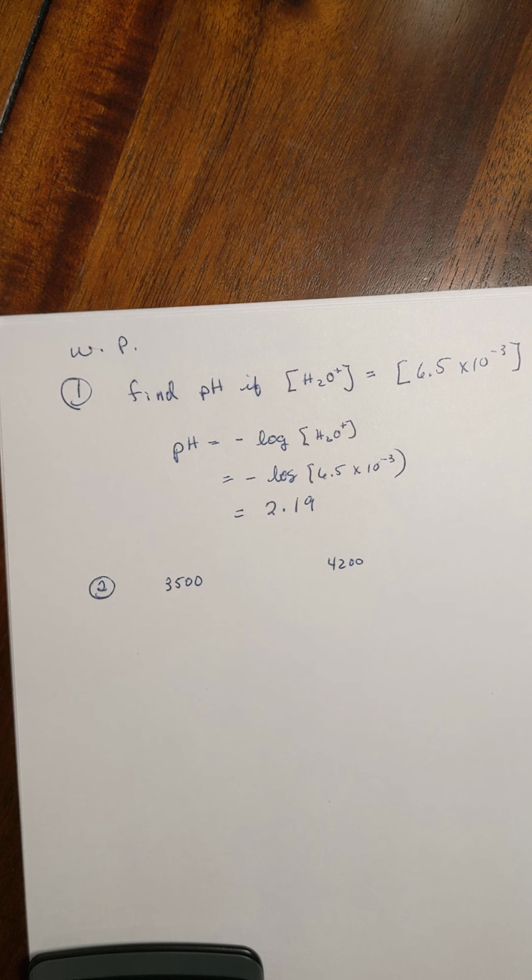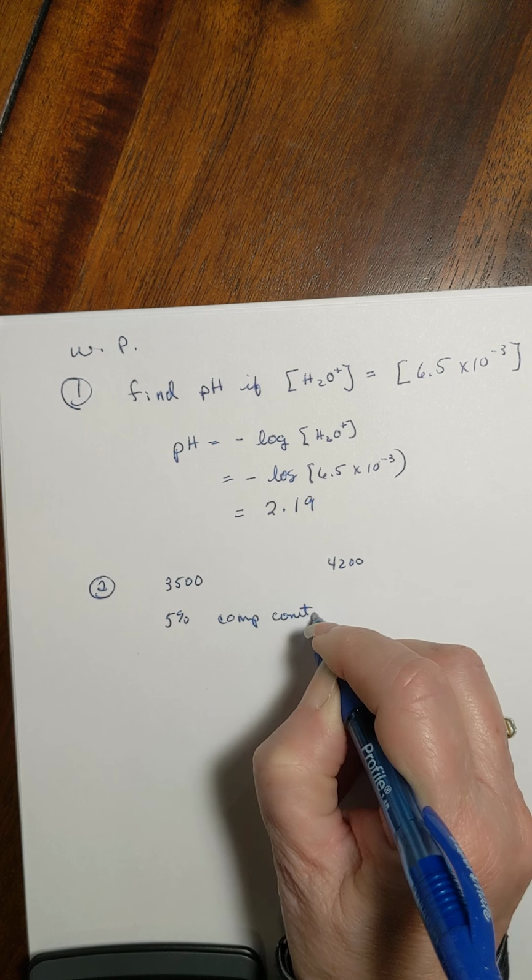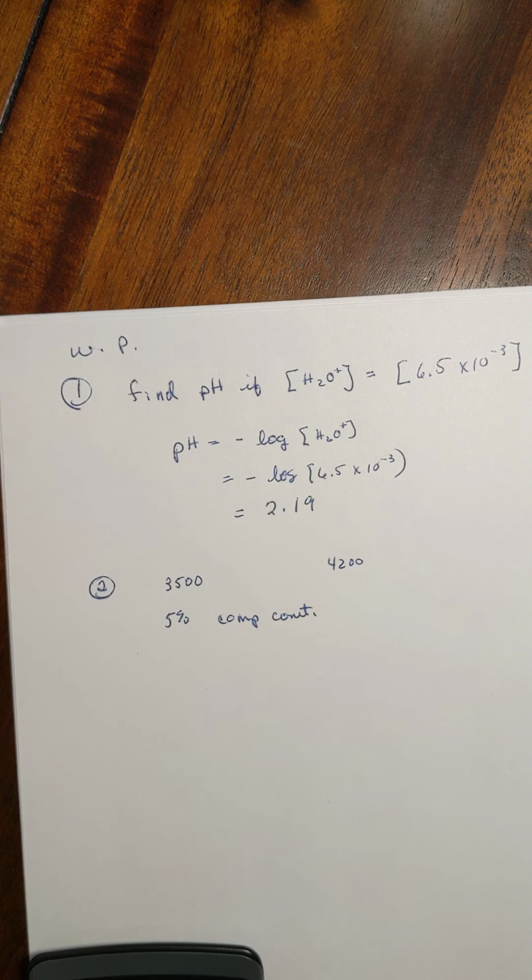So he decides to put his $3,500 into a savings account, and he can receive 5% interest compounded continuously. How long will it take for him to get the 4,200?